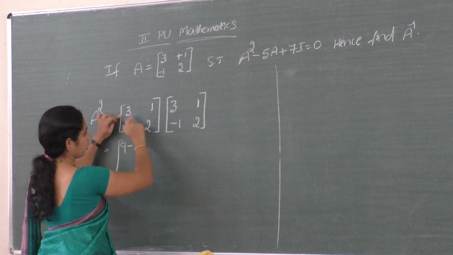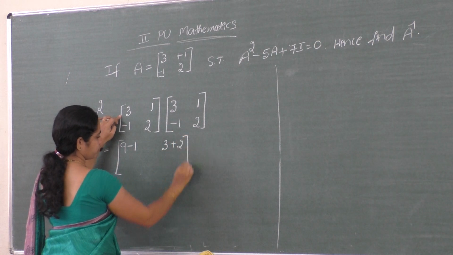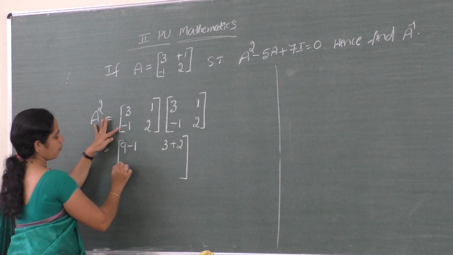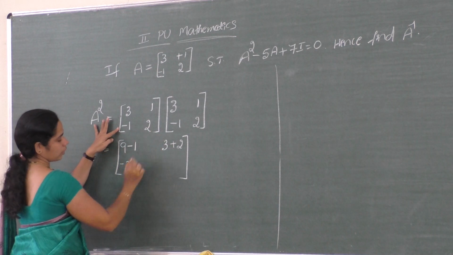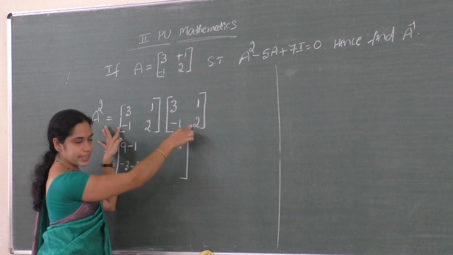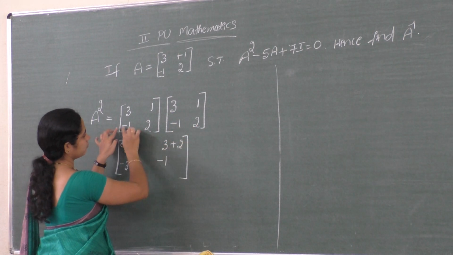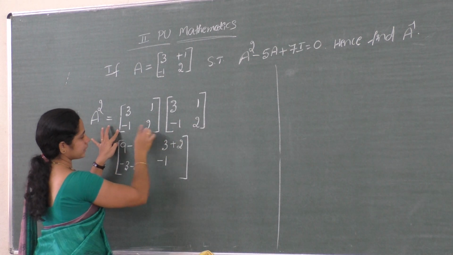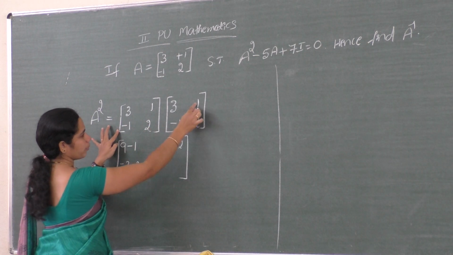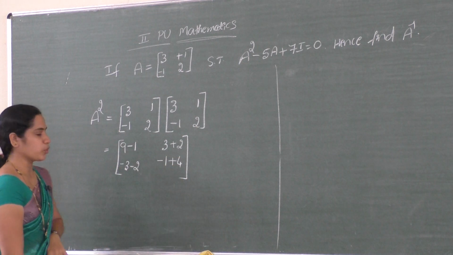First row, second column, 3 plus 2. Second one, minus 3, minus 2. Multiply second row to the second column, minus 1. Here, 2 into 2, 4.